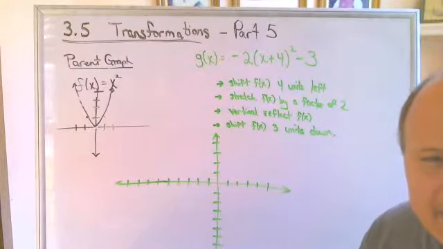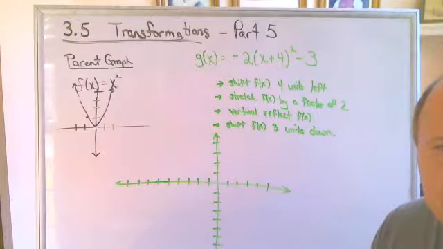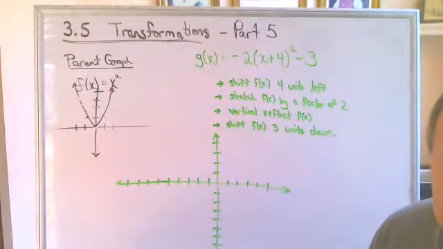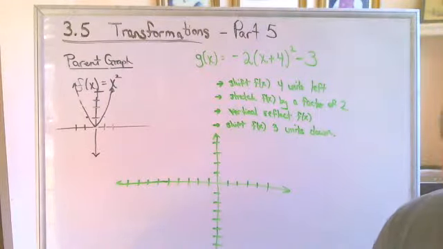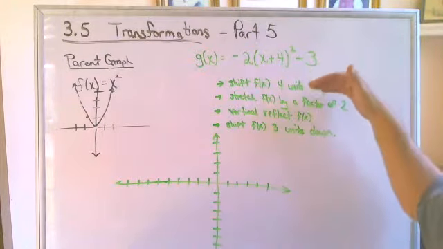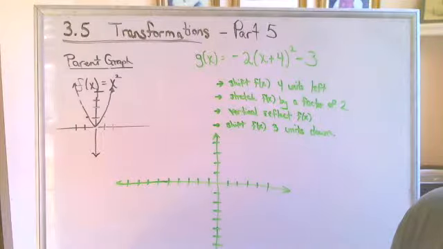Sometimes you can do these in any order and it won't be a problem. But in some instances, if you do them in the wrong order, your graph becomes distorted in the wrong way. So if you stick with the inside of the parentheses and work your way out, and do the vertical shifts up or down last, you'll be okay every time.